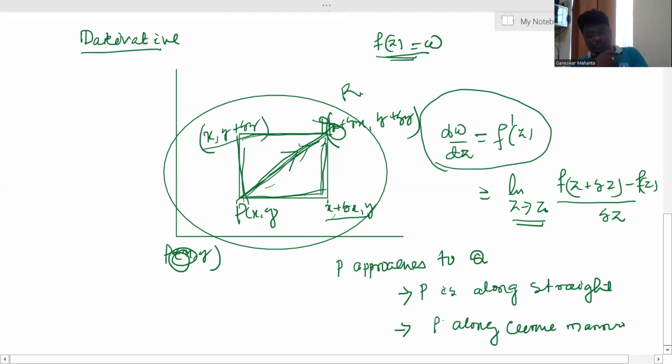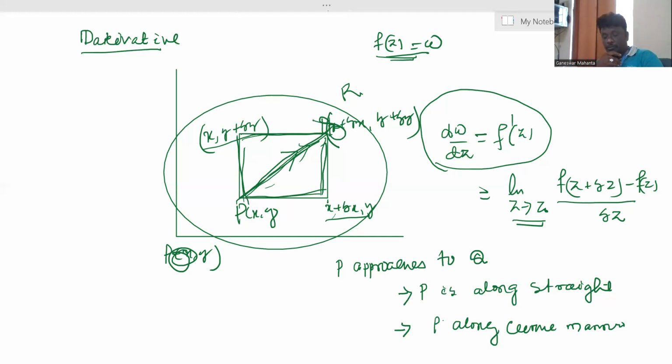Delta z tends to zero at any value. The derivative dw by dz may exist or may not exist. Therefore it becomes a fundamental problem to determine the necessary and sufficient conditions for the existence of dw by dz.